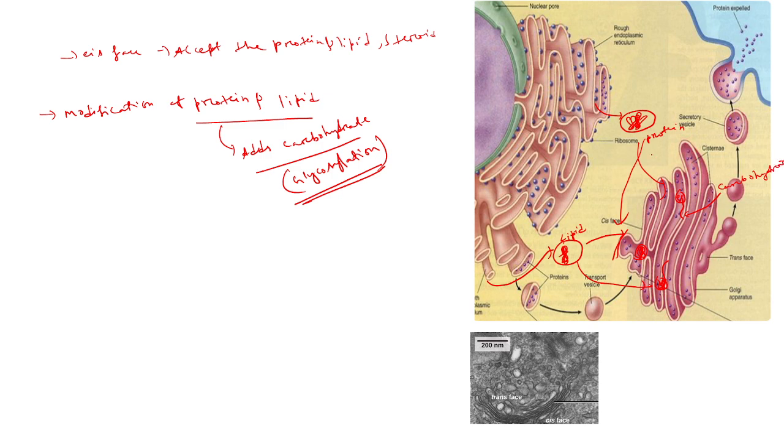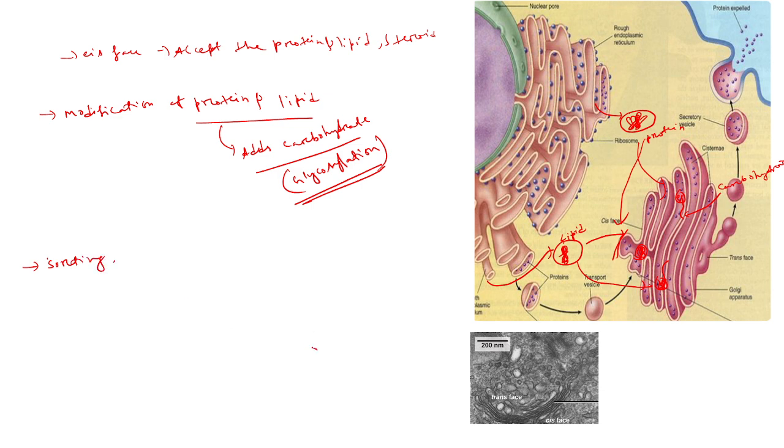That means it modifies the protein and the lipid by adding the carbohydrate, and the process is called glycosylation. The second, and most important, is protein sorting, or cell sorting.